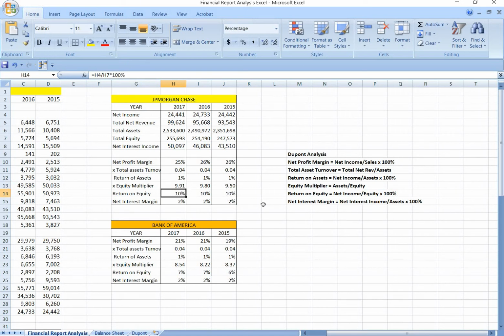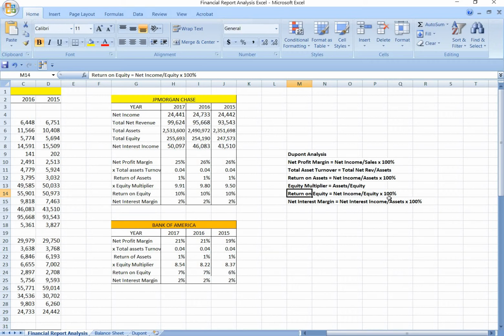Now let's see return on equity, or ROE: net income divided by equity times 100. ROE is a measure of financial performance calculated by dividing net income by shareholders' equity.